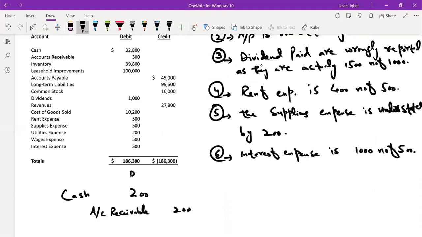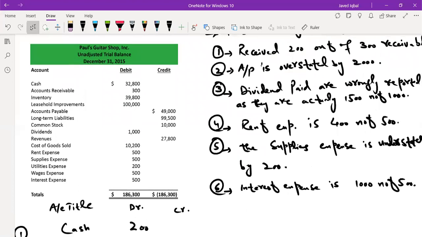So this is your debit side, this is your credit side, this is your account. So this is the first adjustment entry which you have done. You're required to do the journal entries for these adjustments. So for number one, we have done the adjusting entry that we received 200 out of 300.